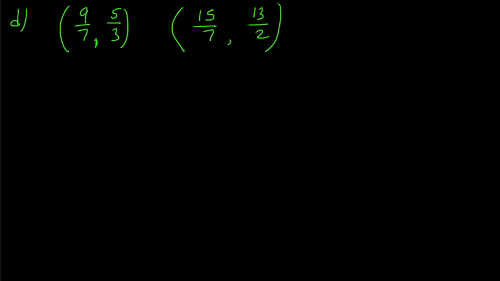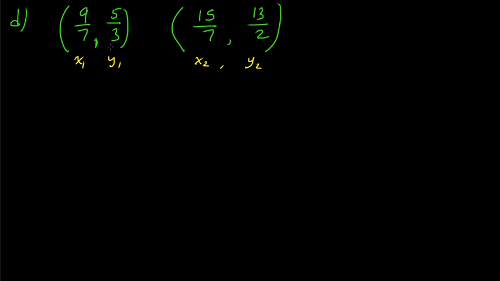All right, so 18D, x1 is 9 over 7, and y1 is 5 over 3, x2 is 15 over 7, y2 is 13 over 2. So again, it might be tempting to just convert these to decimals. Unfortunately, that's not going to work here because when you divide by 7, you get a repeating decimal that's not very pleasant.